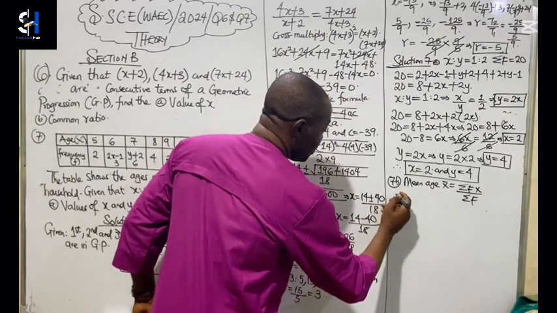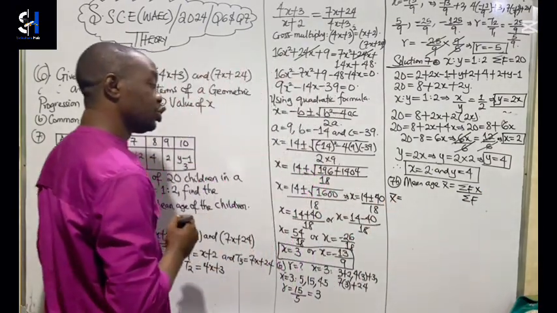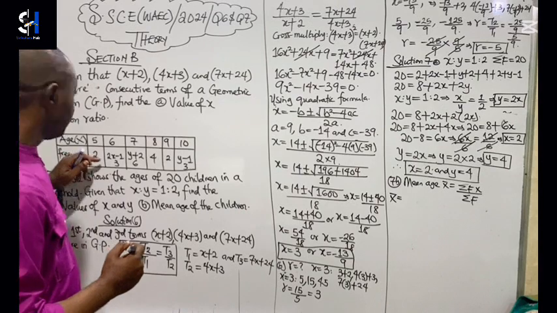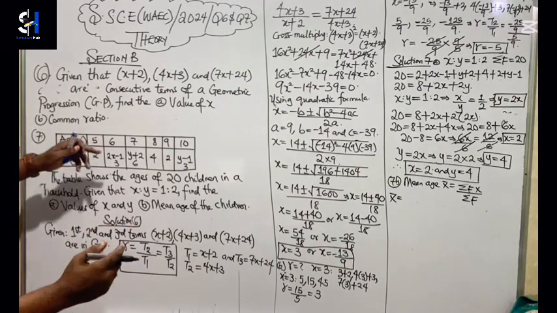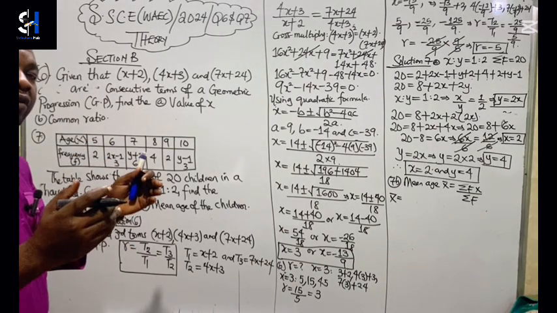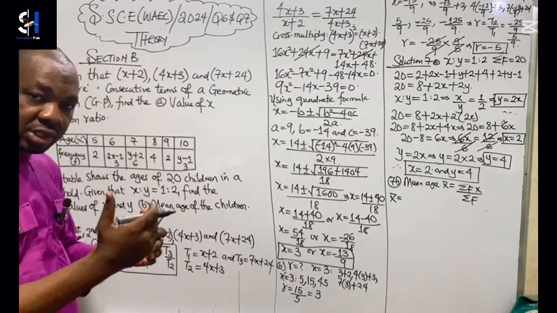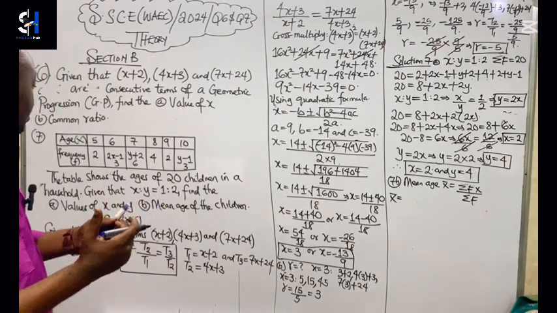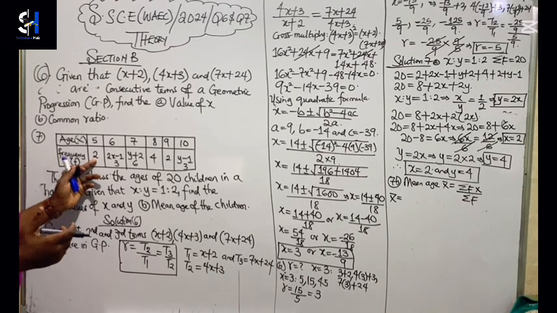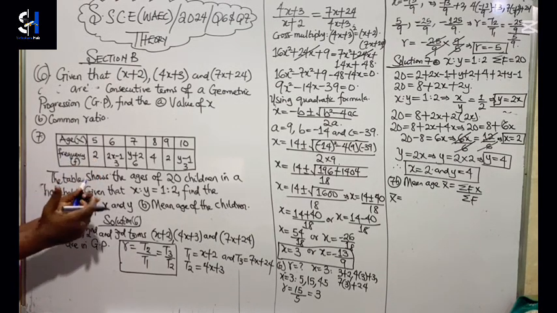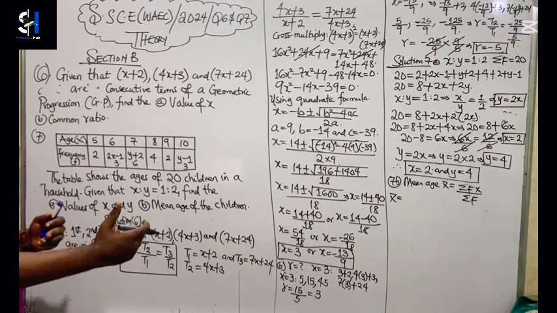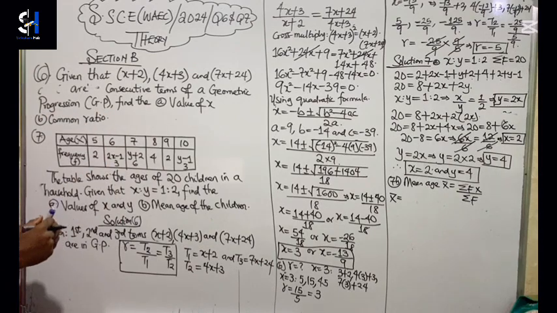So the mean age of the children would be the sum of the product of the frequency of each child and the age of each child.